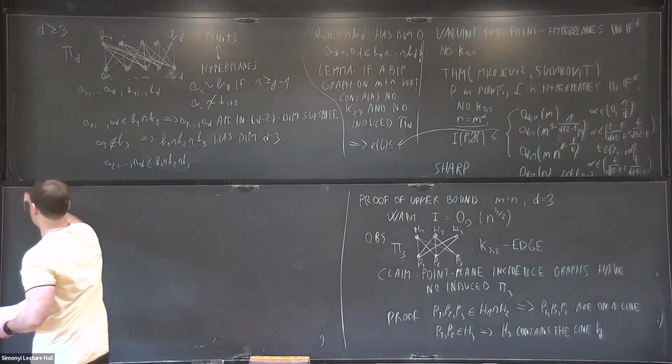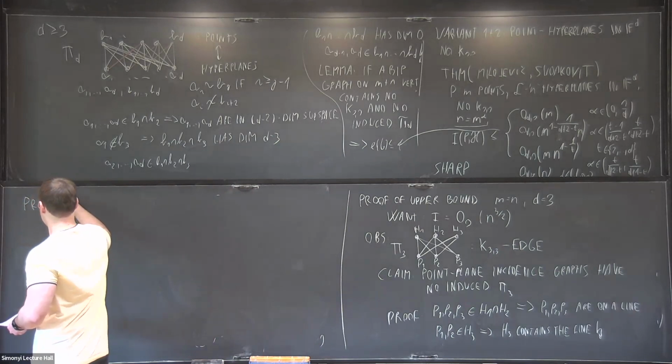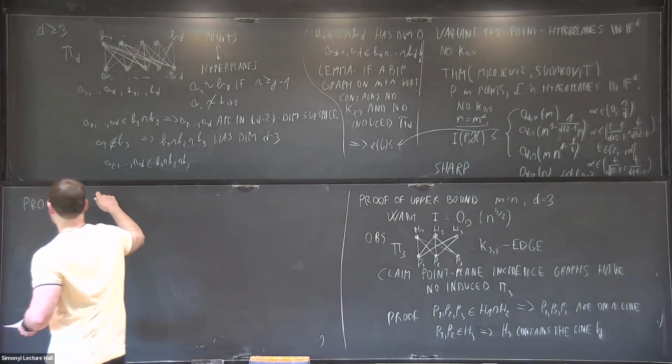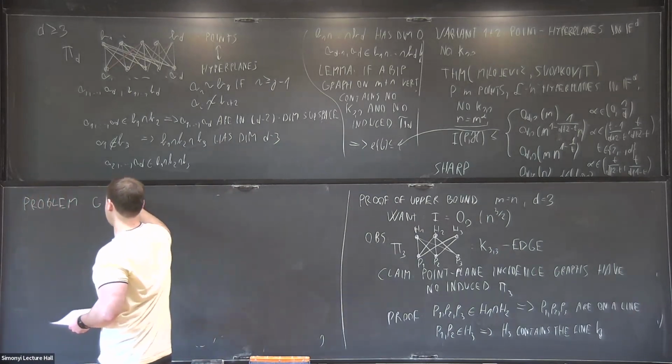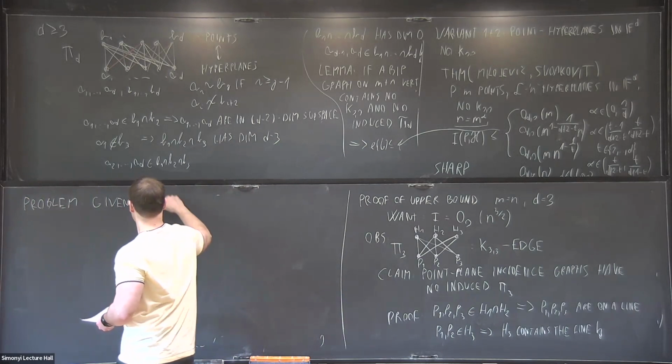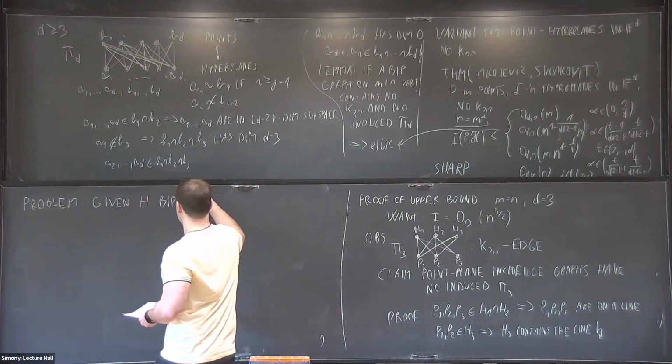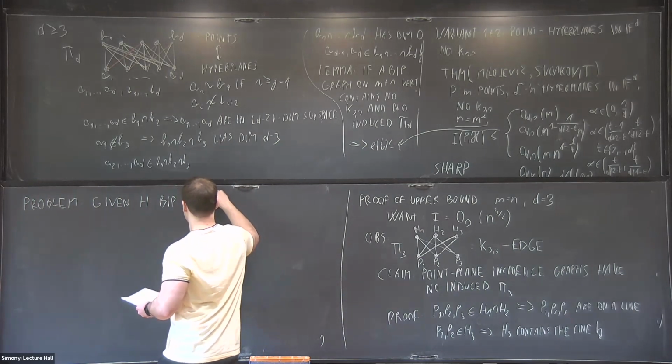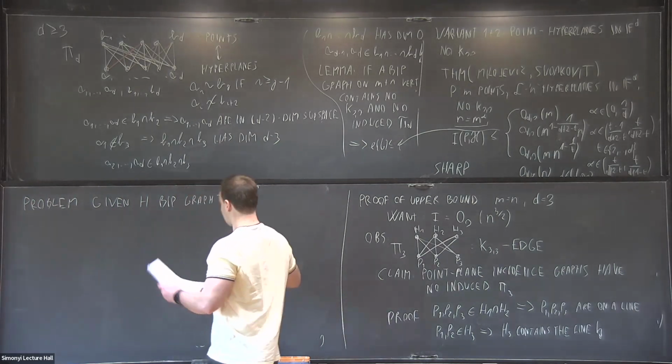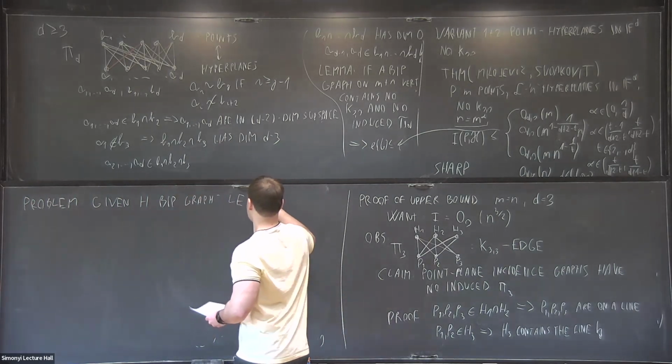So you can ask the following problem: suppose that given a bipartite graph H, now let G be a graph.